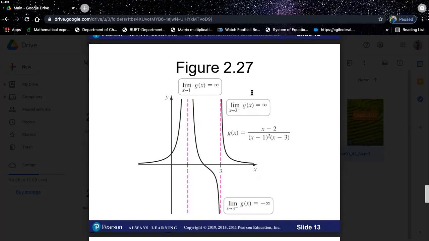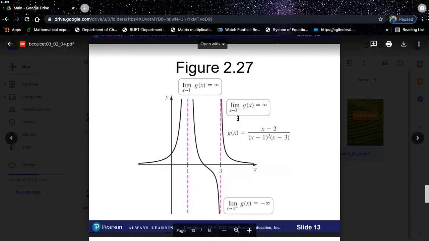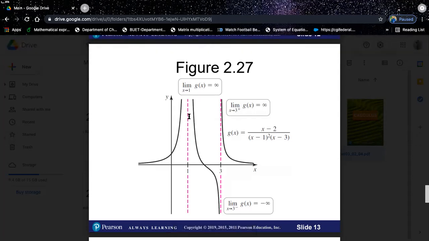All right. So now the first question is, can you eyeball the vertical asymptotes? If yes, how many can you see, and where are those? Anyone? You got two, one at 1 and another at 3. Exactly. So whenever you see these dashed lines, the graph will never touch, neither cross it.